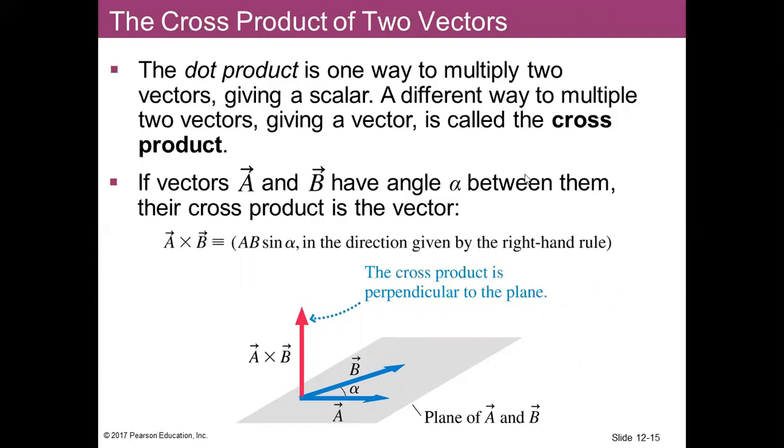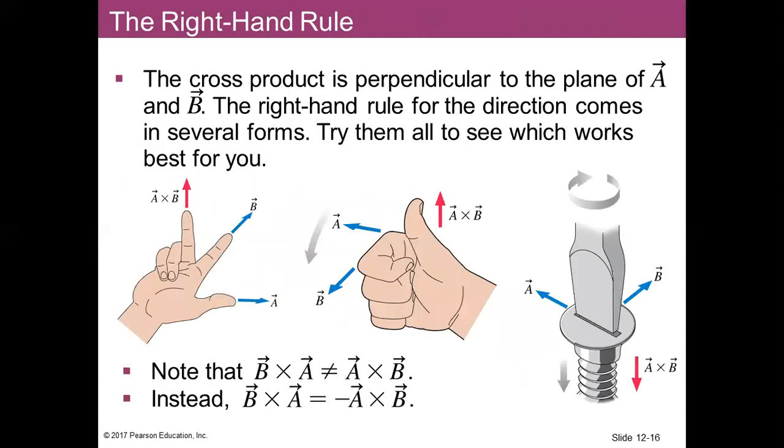The magnitude of A cross B is AB sine alpha, where alpha is the angle between the vectors. So the cross product is perpendicular to the plane of vector A and vector B.